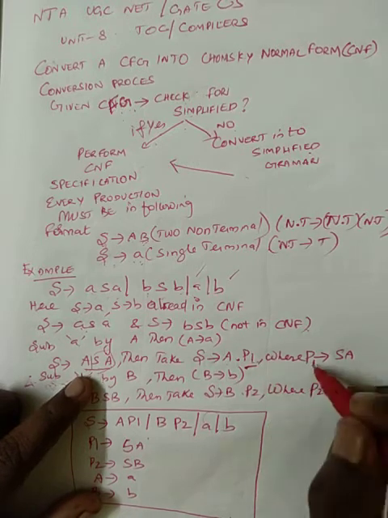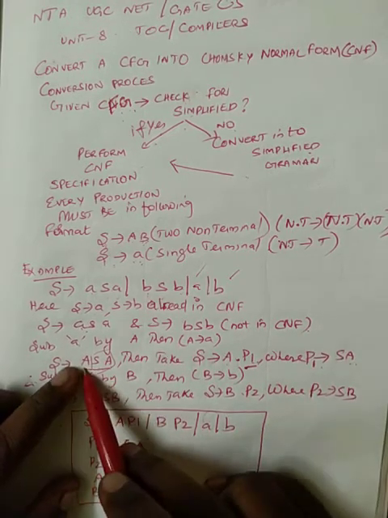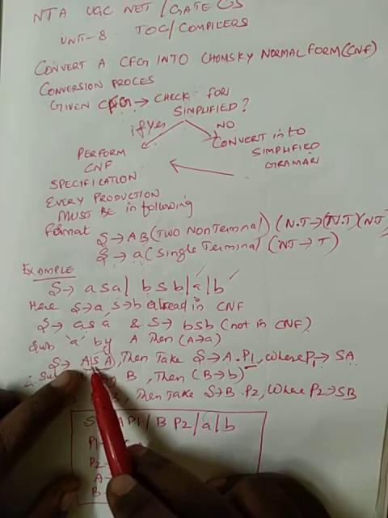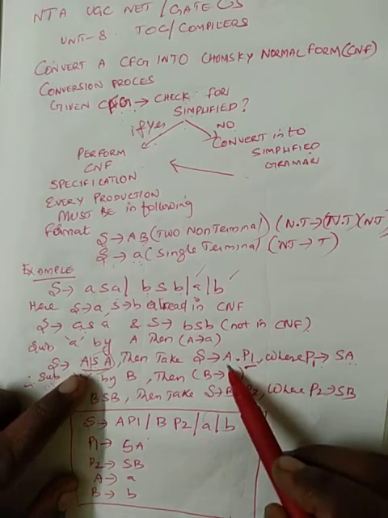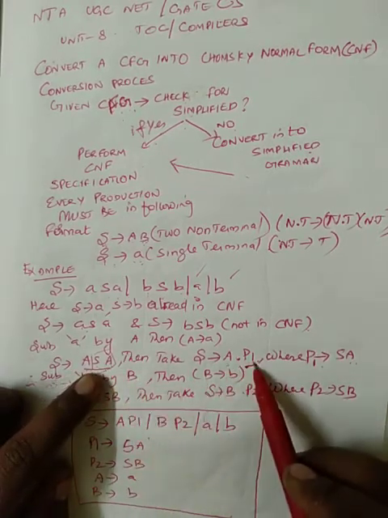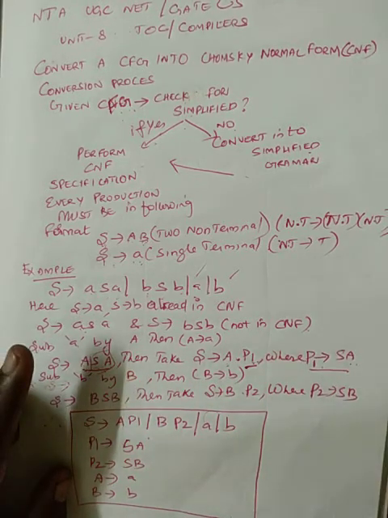P1 tends to SA, which means I am splitting A S A into A and SA. For that I use one non-terminal, and for that non-terminal I want to use another rule. That is the idea.